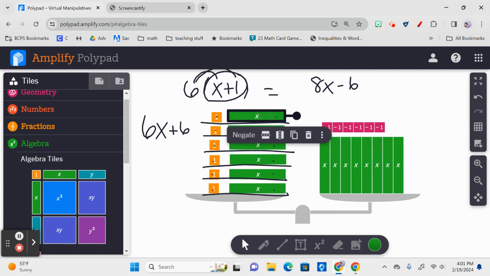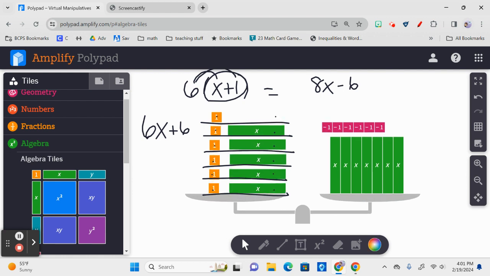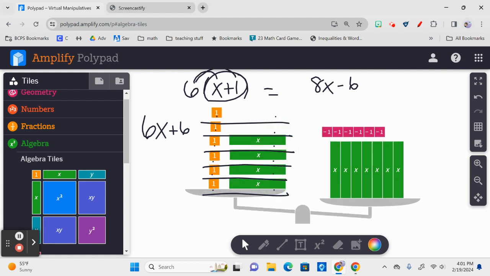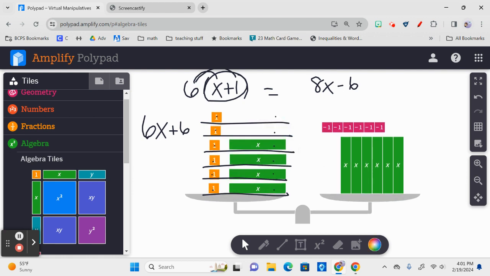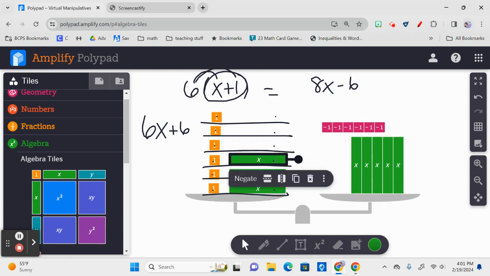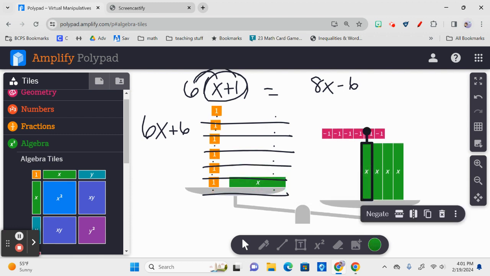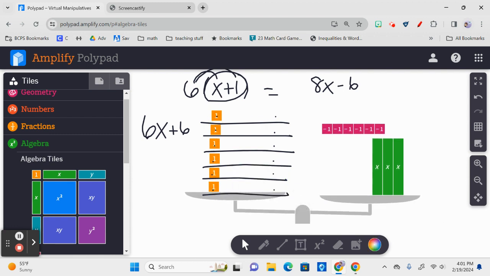So I could take a variable away from this side, but that unbalances me, so I have to do it from this side. I could take one from this side, but I got to take one from that side. And I can keep going back and forth until I get rid of all the variables on one side.